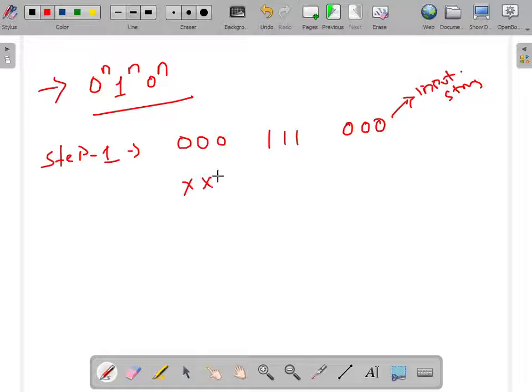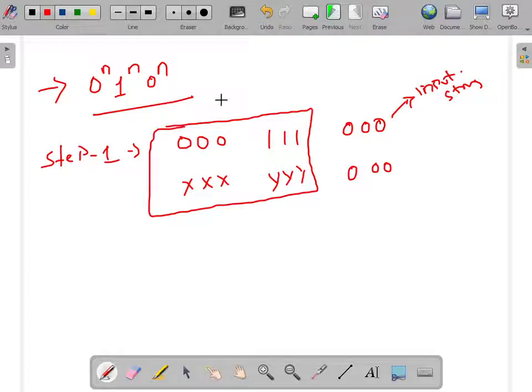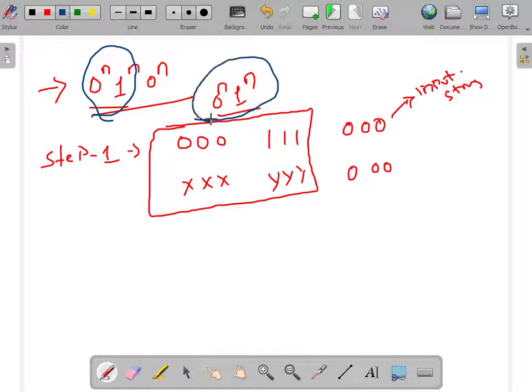So this is what we have done in the previous examples. 0 is replaced with x and 1 is replaced with y. Now keep the zeros as they are, 0 as 0 right now. And this we have already solved, 0 power n, 1 power n. So this first part is done. Now we need to solve this second part.